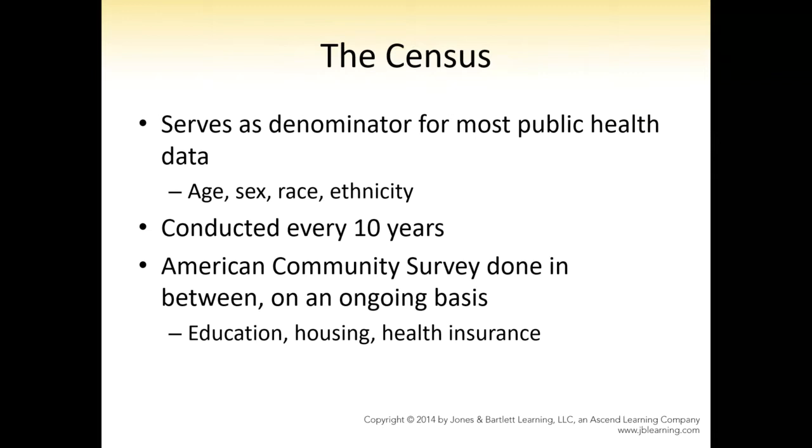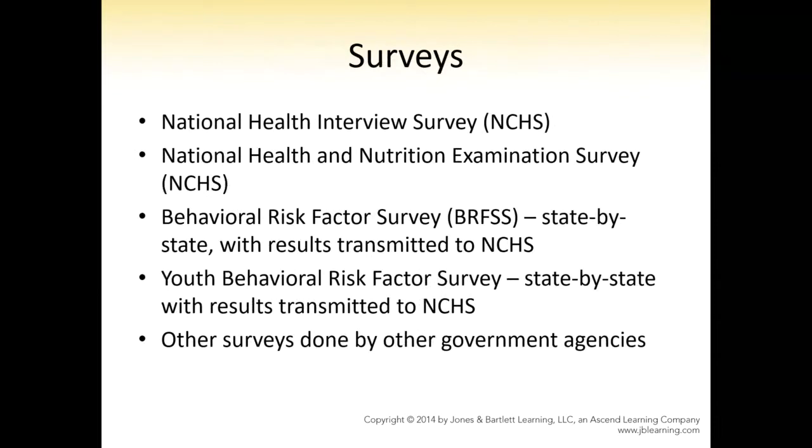Another one is the American Community Survey that's done in between, which is on an ongoing basis and provides information about housing and health insurance. There are national surveys, such as the National Health Interview Survey. One you may remember taking is the Youth Risk Behavior Survey.